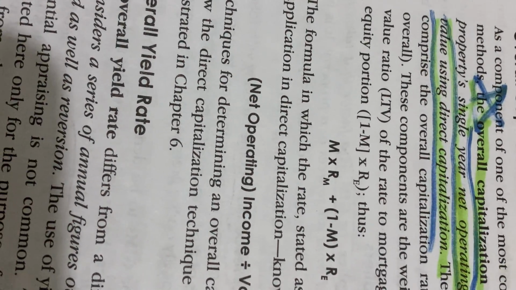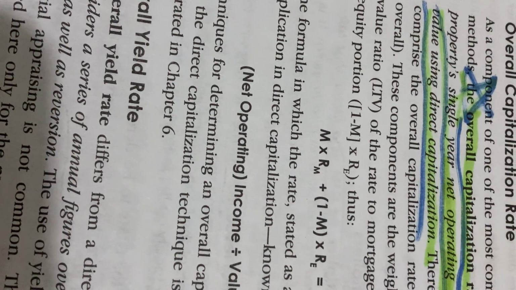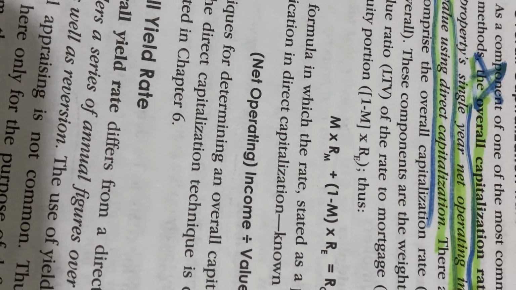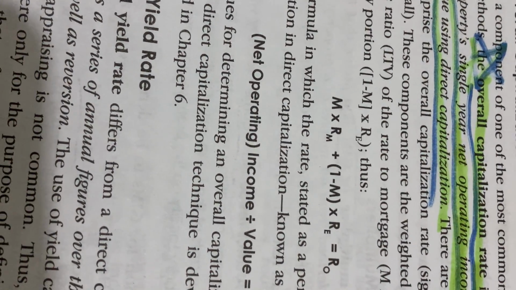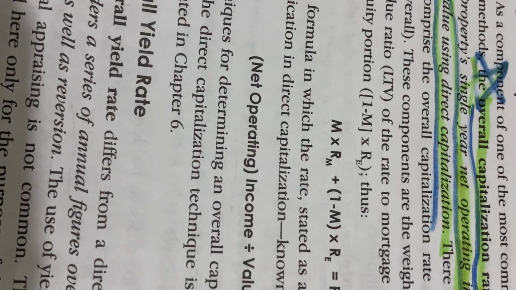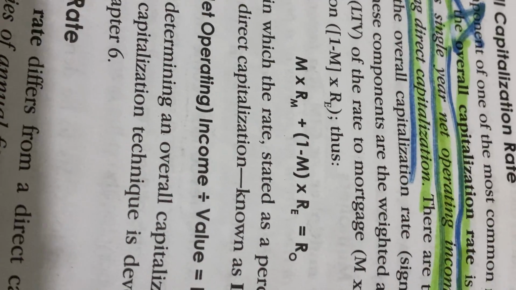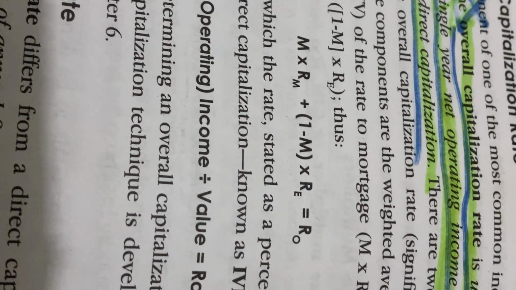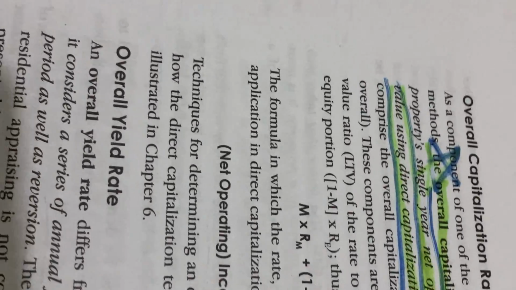It shows parentheses, and then brackets, and inside the brackets is 1-M multiplied by RE. Thus, M times RM plus parentheses 1 minus M times RE equals RO, overall capitalization rate.